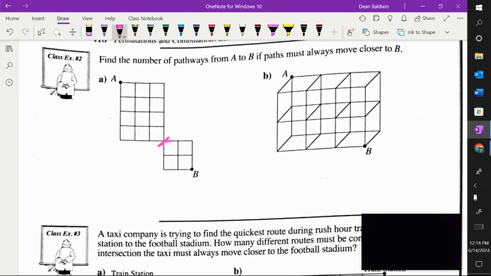So if it's a perfect rectangle, square, without any weird shapes in it, the easiest formula is total moves factorial divided by your repeats. How many movements do you need to make to get from here to this bit right here? 1, 2, 3, 4, 5, 6, 7 total.